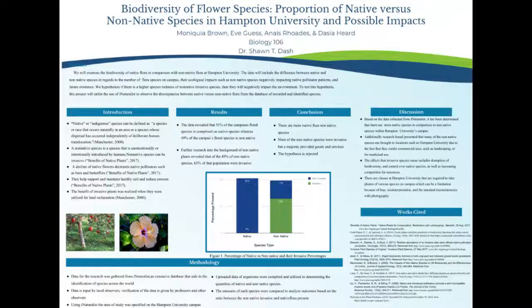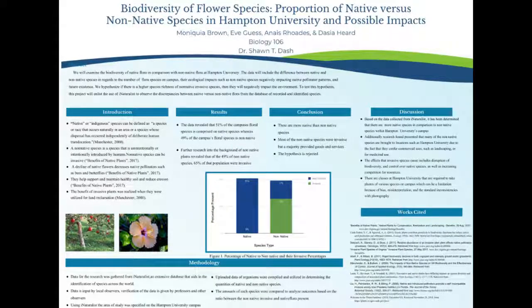However, this was also rejected on the basis of our findings that most of the non-native species provided regulatory, provisional, cultural, and supportive goods and services. With this information, Hampton University can maintain a healthy habitat full of biodiversity if the university researches the possible effects of plants that may be introduced to the campus and ensure that any new species that are introduced have benefits that outweigh their risks.